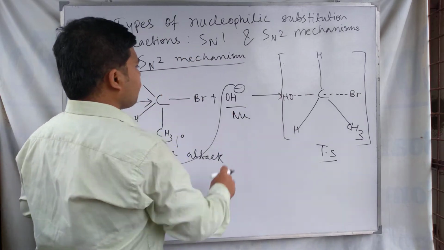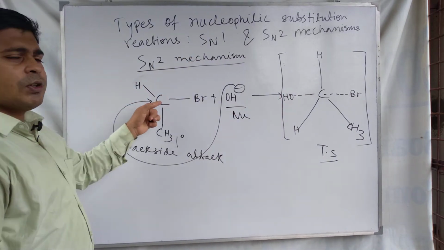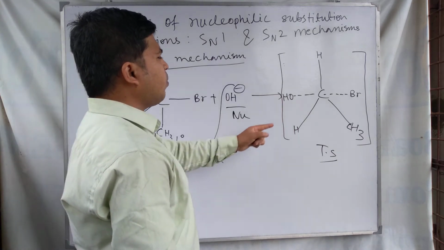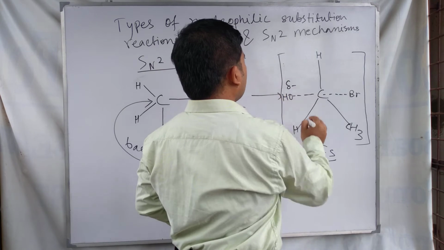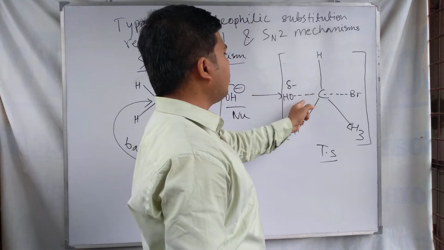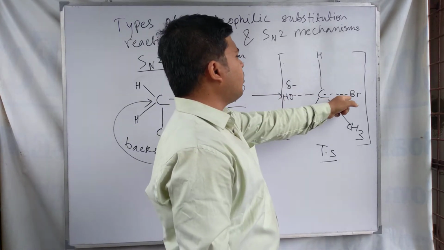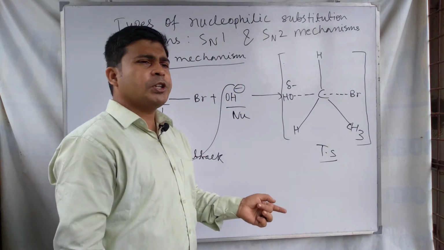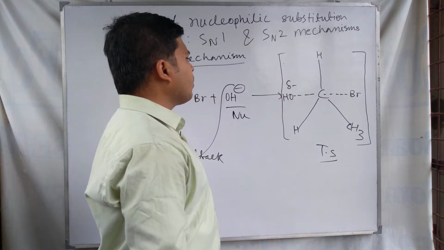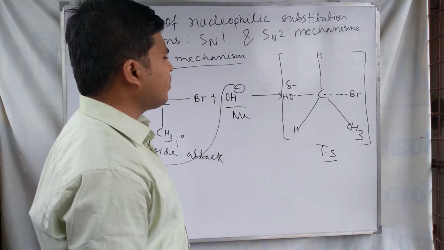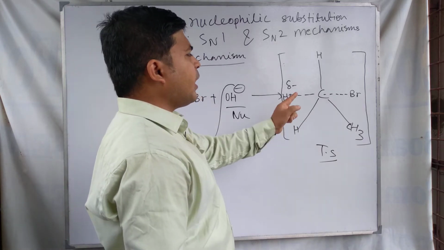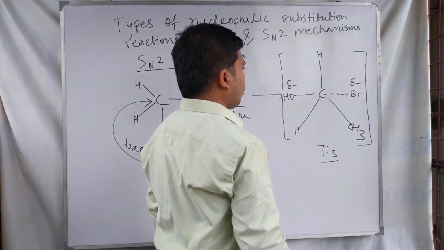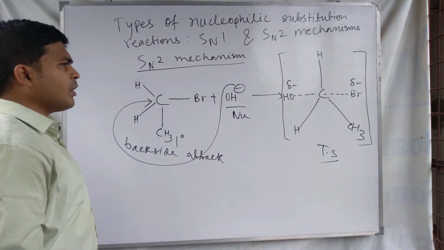Our nucleophile attacks from the backside of the alkyl halide, and as a result a transition state is formed where the OH and C bond is forming and the carbon and bromine bond is breaking. At the same time, both the formation of the bond and the breaking of the bond take place, and this is called the transition state for the SN2 mechanism.